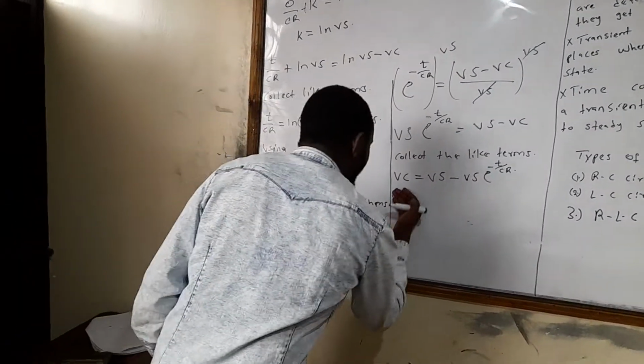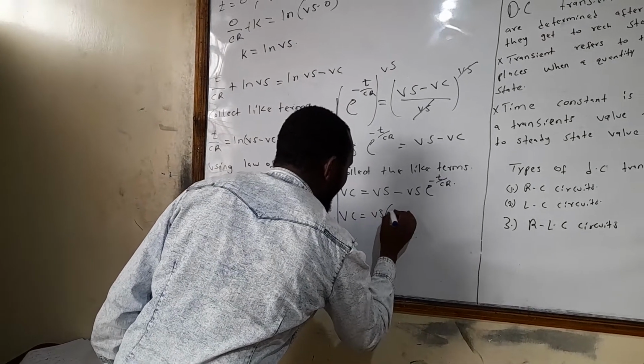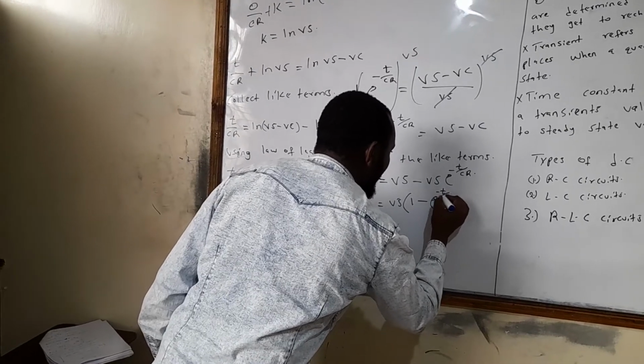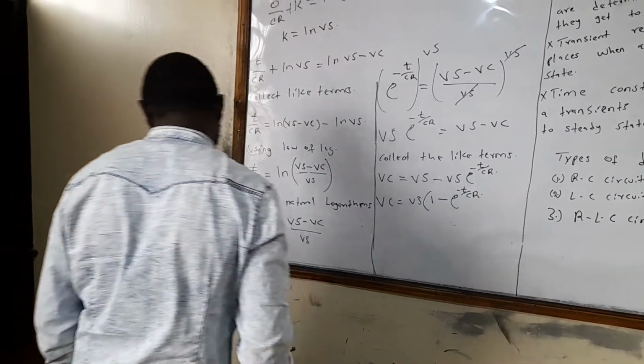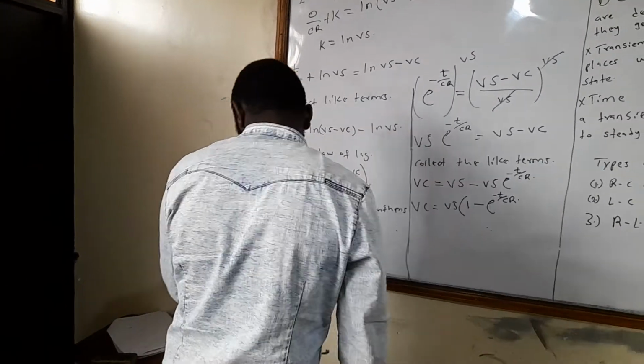What is common there? Vs, therefore Vc is equal to Vs, open the bracket, 1 minus e power negative T over Cr.